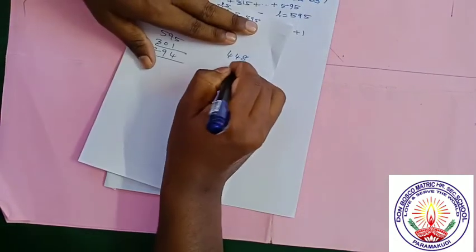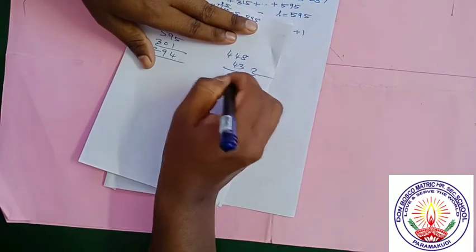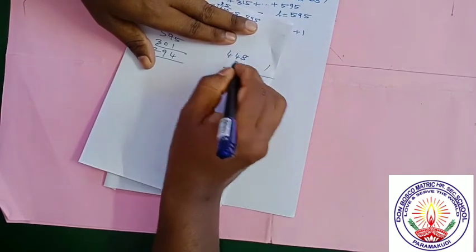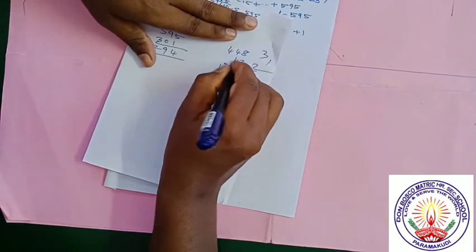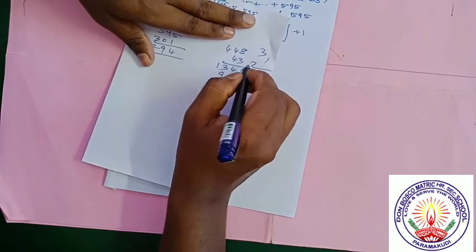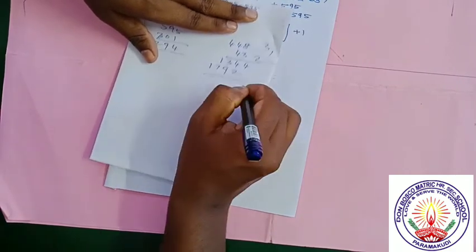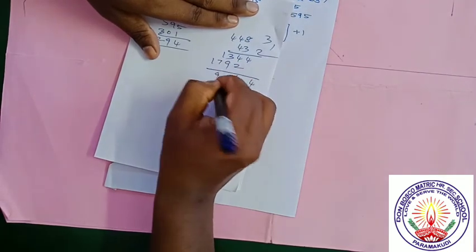multiplied by 43. 3 8s are 24, remaining 2. 3 4s are 12. 12 plus 2 is 14, remaining 1. 3 4s are 12. 12 plus 1 is 13. 4 8s are 32, remaining 3. 4 4s are 16. 16 plus 3 is equal to 19, remaining 1. 4 4s are 16. 16 plus 1 is 17. Add the values: 4, 6, 12, remaining 1. 8 plus 1 is 9, 1.